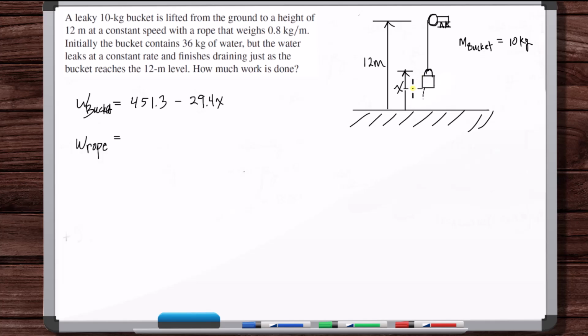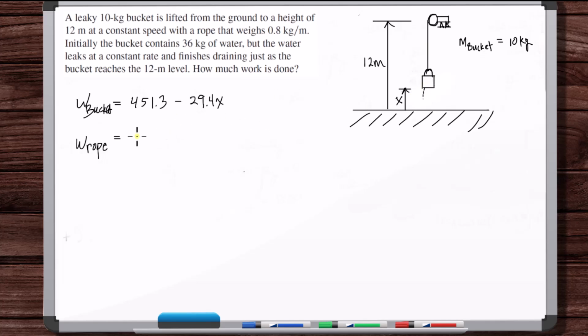And the way I drew this, x would be at the bottom, right? So let me try and make it as realistic as I can. It would be something like that. The idea is we're pulling in 12 meters of rope, and we're also going to lift the bucket 12 meters.